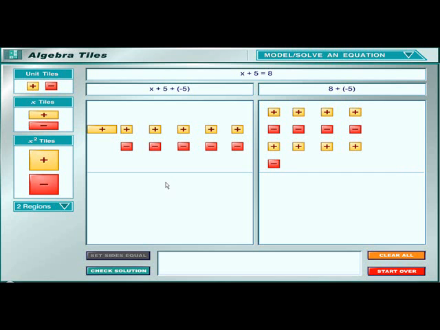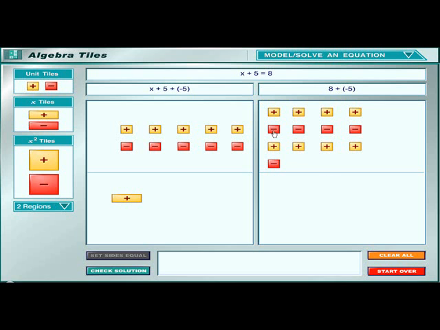Therefore, we would drag down the X tile here. And notice it is by itself now. And we would drag down the remaining unit tiles on the right side of the equation.